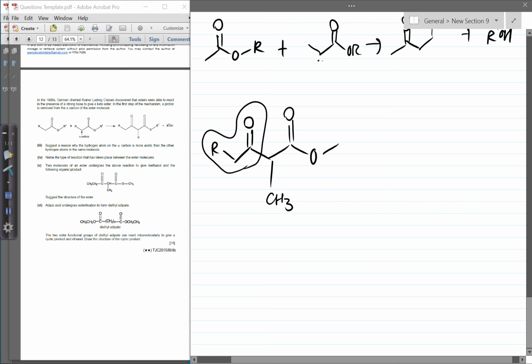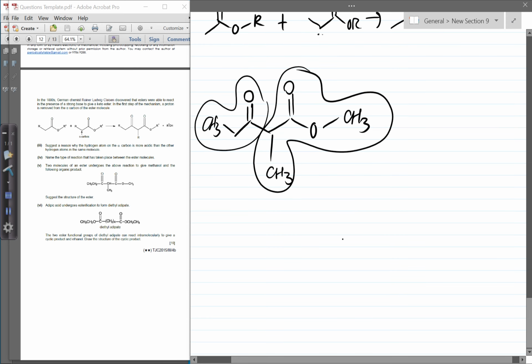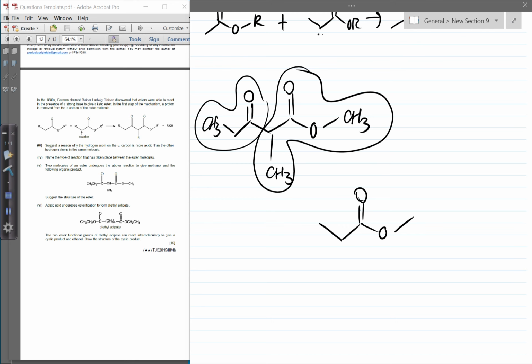And this is your CH3. And this is your CH2CH3, right? So in fact, the 2 starting materials, the 2 sides are symmetrical, they are the same, right? Which means your ester is this lah, right? Nothing else. And after you get a product, you can work forward and see whether you'll get a product.